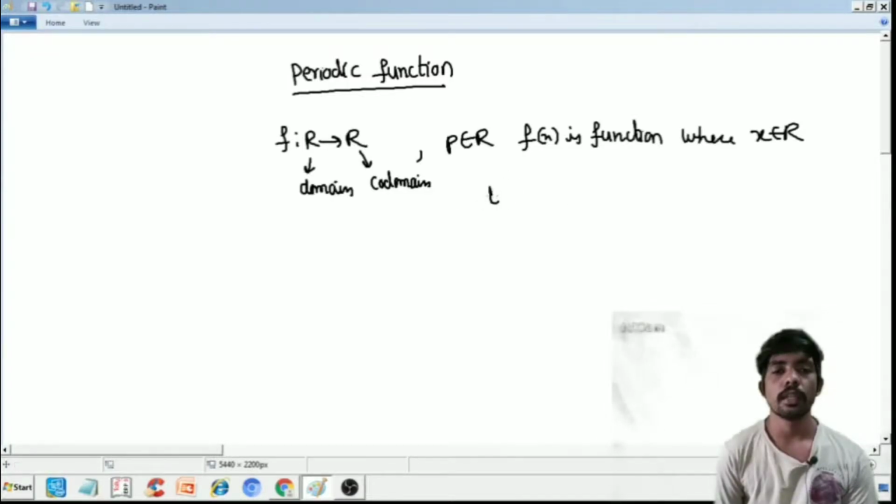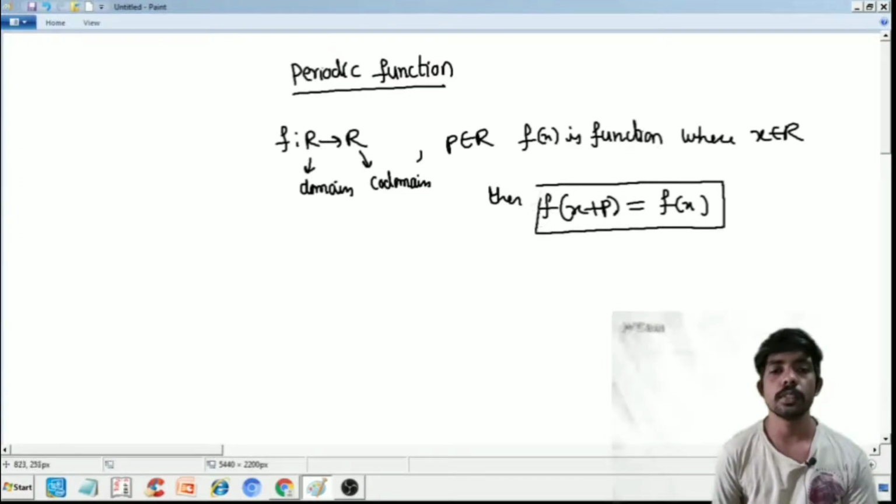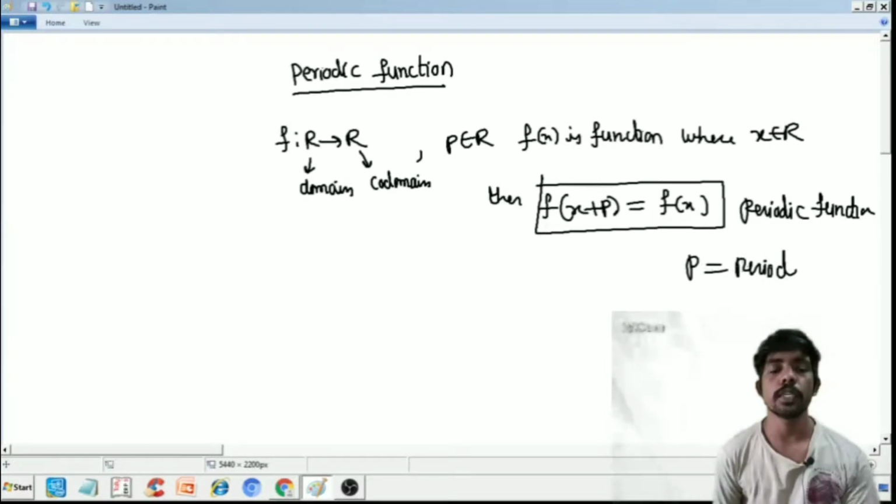Then f of x plus p is equal to f of x, and we can call this function a periodic function, where p is the period of the function.